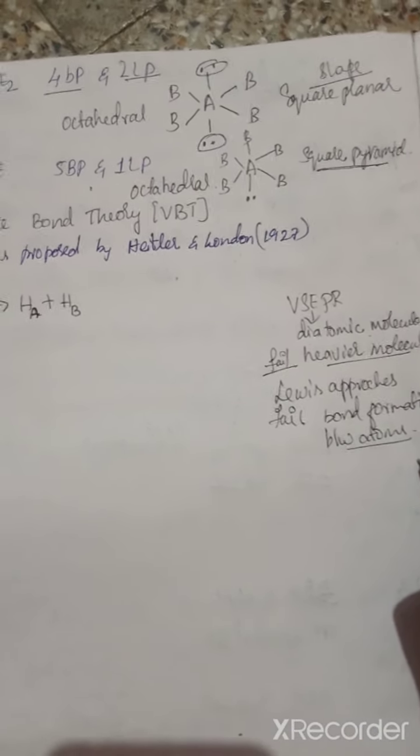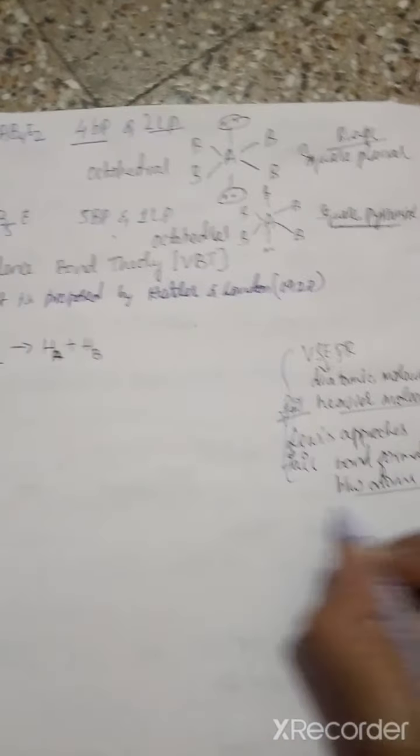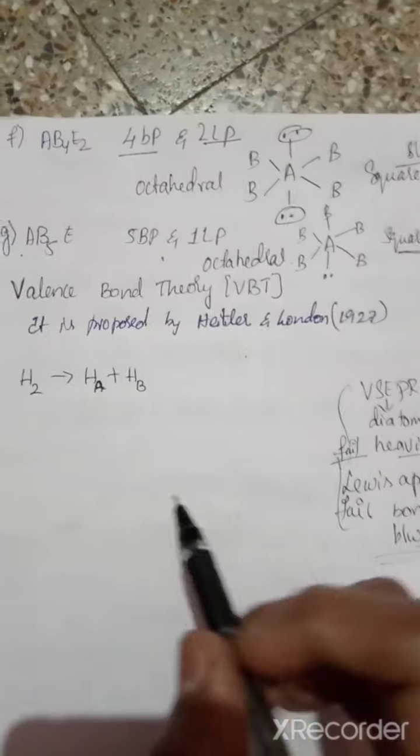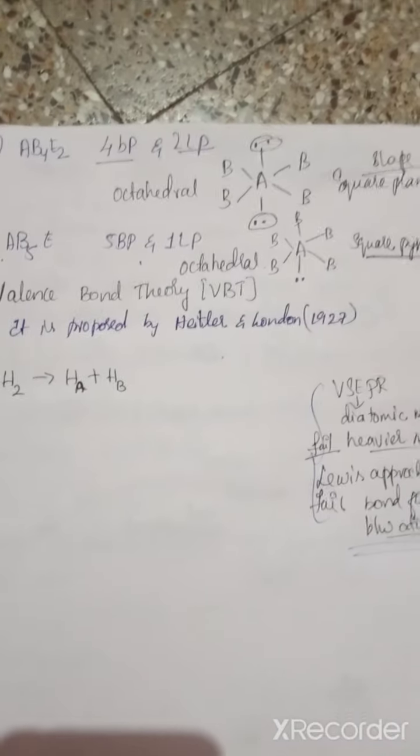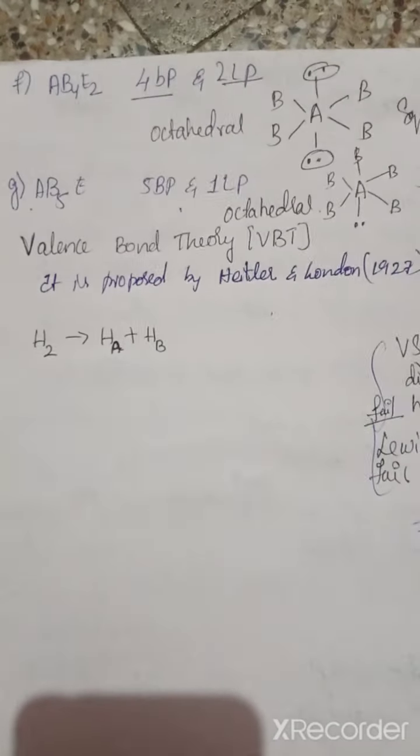These all things it fails to explain. This is why both the theories fail. So a new theory, which is valency bond theory, was proposed by Heitler and London in 1927.